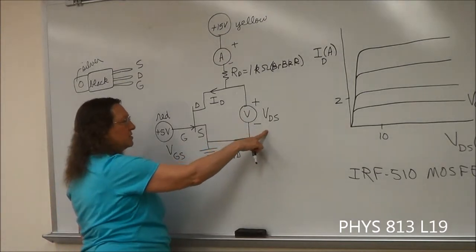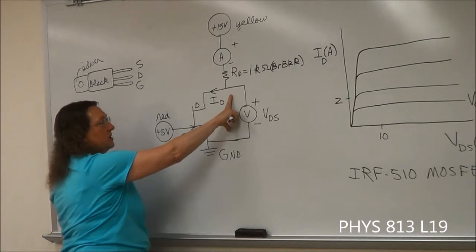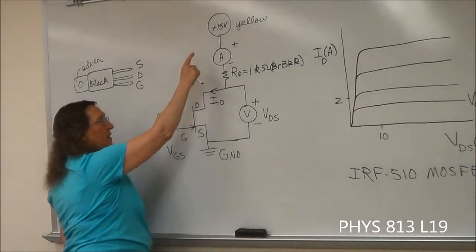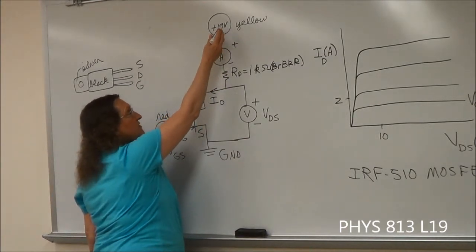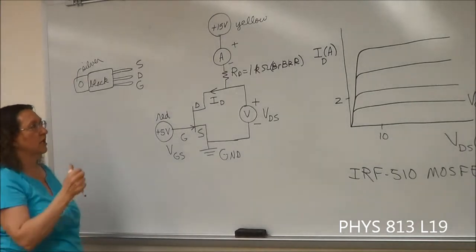Our drain source voltage, which we're going to vary, and as we vary this potential difference, then the current will vary. And then this is connected to the positive 15 volts. This is the variable voltage, so we can change this.